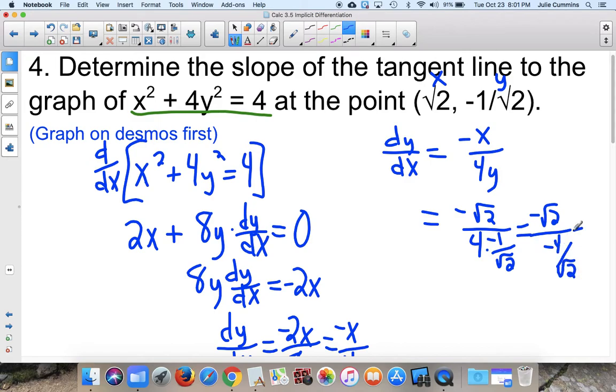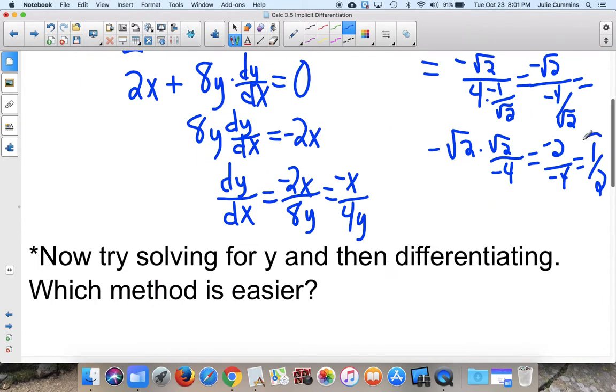Of course, when we divide fractions, we multiply by the reciprocal. So this is negative root 2 times root 2 over negative 4. Root 2 times root 2 is 2, so we have negative 2 over negative 4, which is 1/2. Oops, sorry about that. So our slope is 1/2.